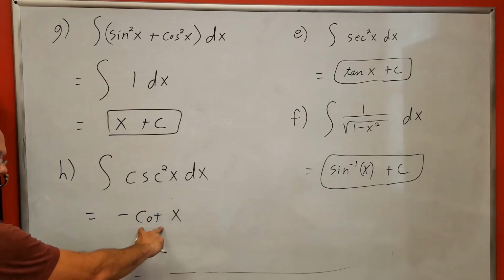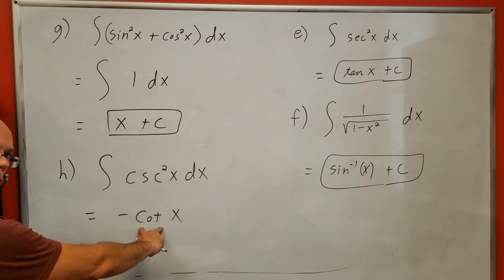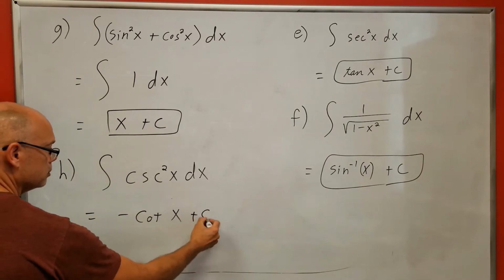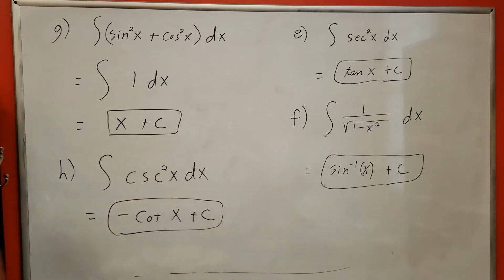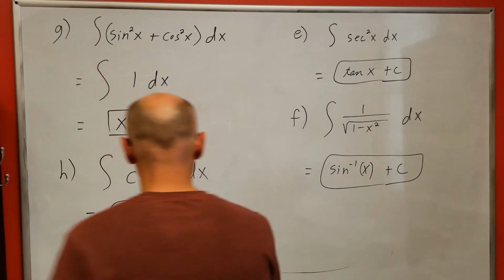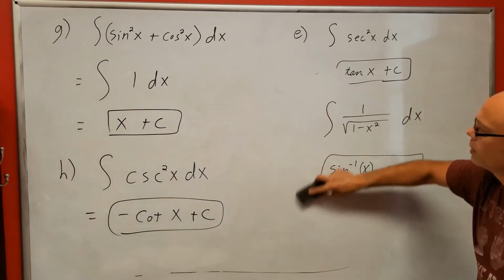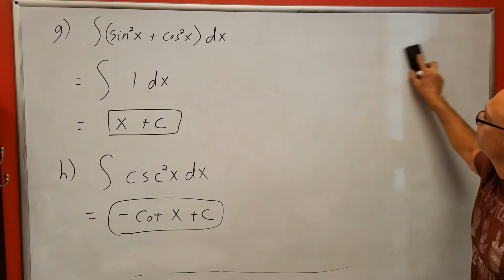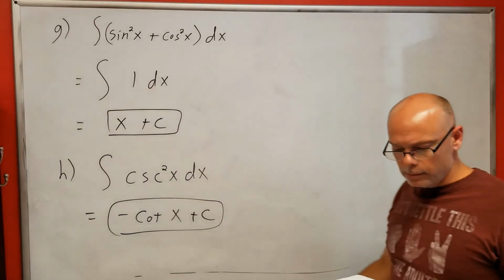Now if I take the derivative of this, I'll get what? Negative cosecant squared times a negative, so that gives me positive cosecant squared, plus c. That's why I had y'all memorize all those trig functions. I knew not only would you have to take derivatives of them then, you'd have to what? Go backwards and take antiderivatives.